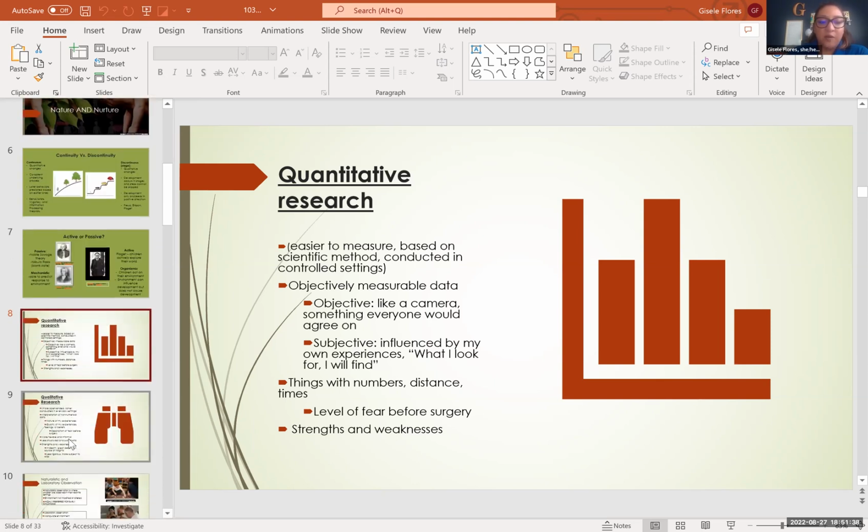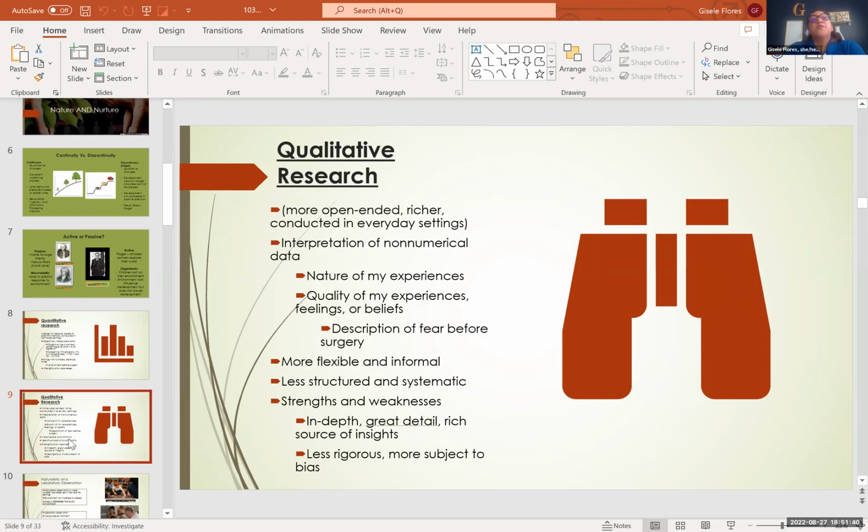And let's look at qualitative research. So qualitative research tends to be a little bit more open-ended because you have a lot more range in the type of studies that you can conduct. So you can also conduct this research in everyday settings. So you don't need that cold laboratory setting in order to conduct your research.